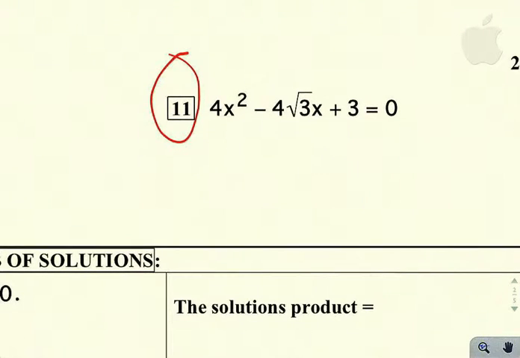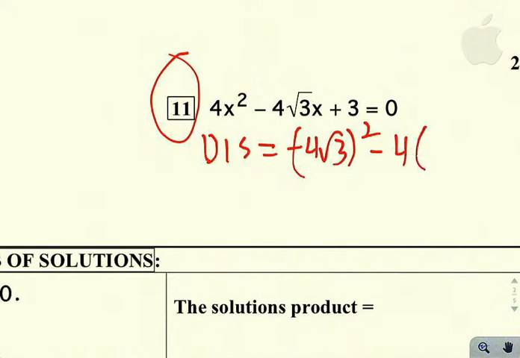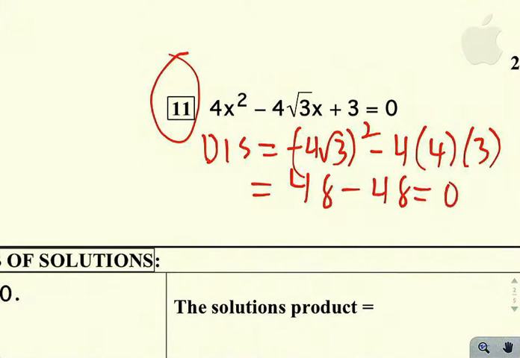Number 11, the discriminant here would be minus 4 square roots of 3 squared minus 4ac. A is 4, c is 3. So we would have 48 minus 48, which is 0. We'd have 1 real solution.